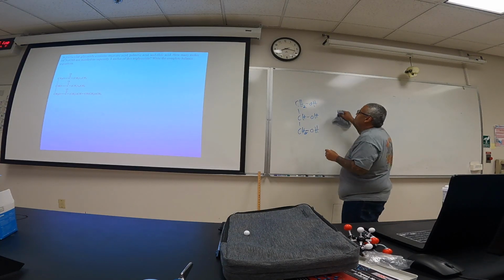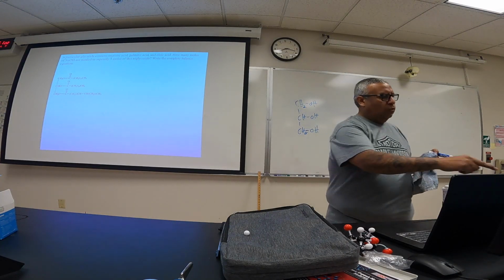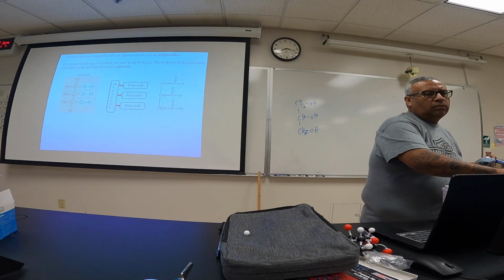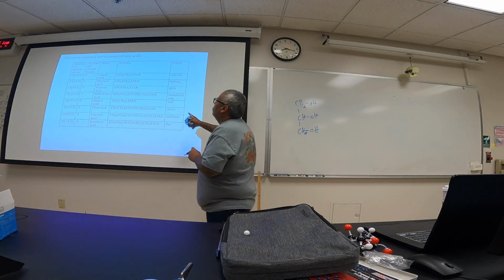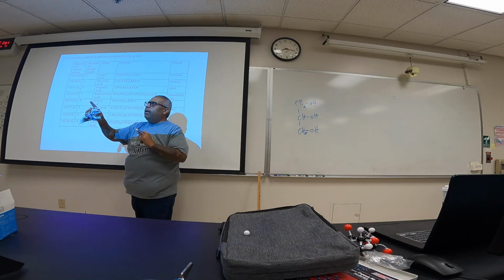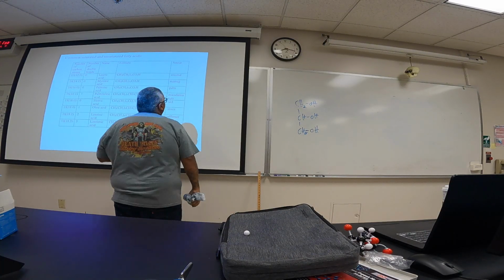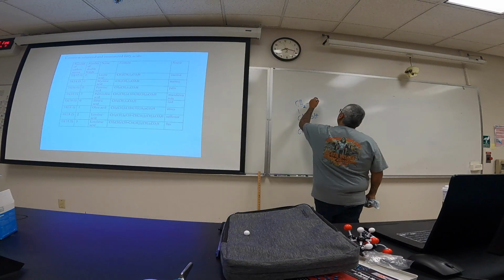Now with glycerol, the first one, let's go back to this table. Myristic acid. This is the reason why I had to spin it around. This is myristic acid here. I need CO2H.